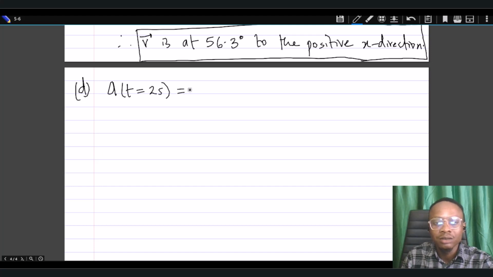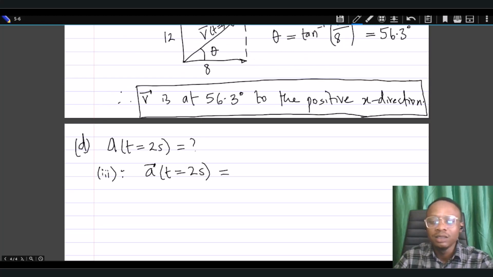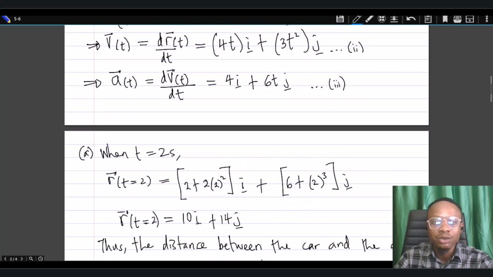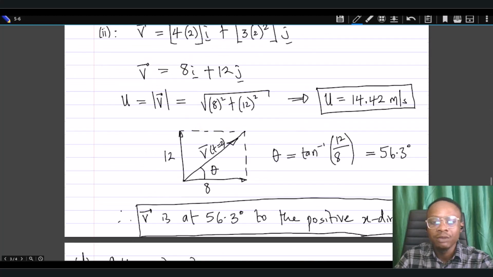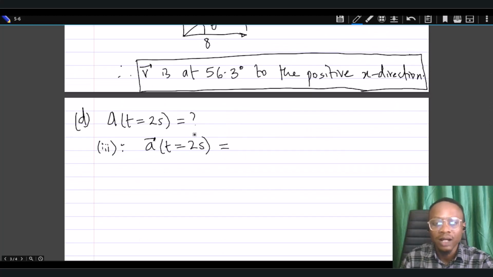We substitute t equals 2 seconds into equation 3: 4i plus 6 into 2, j. And this gives us 4i plus 12j.